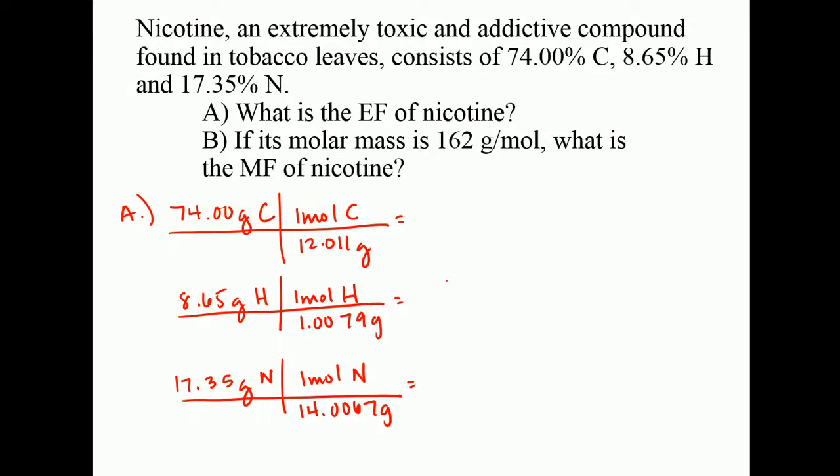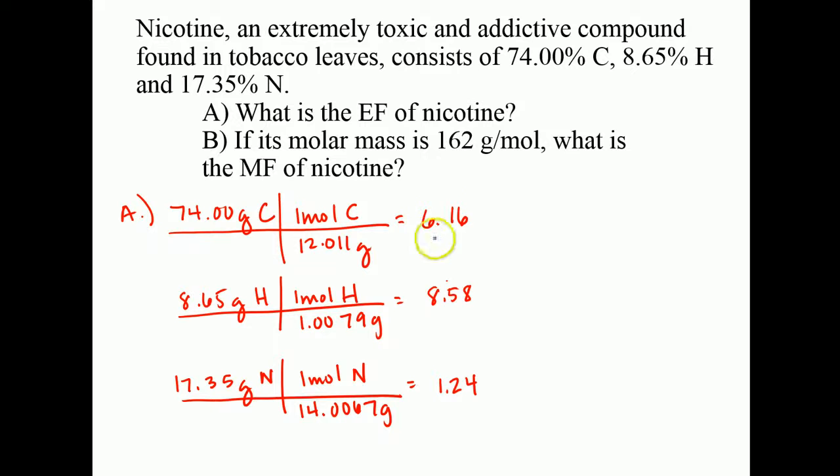So we'll start by finding the moles of each of those. 74 divided by 12.011 gives 6.16 moles. 8.65 divided by 1.0079, you'll get 8.58. And 17.35 divided by 14.0067, you'll get 1.24.